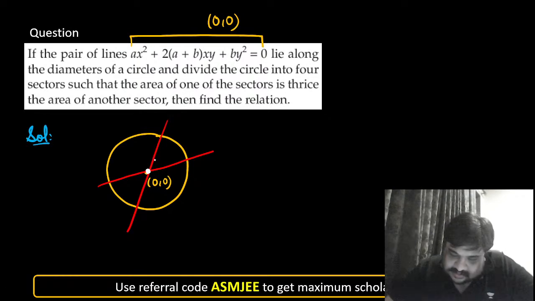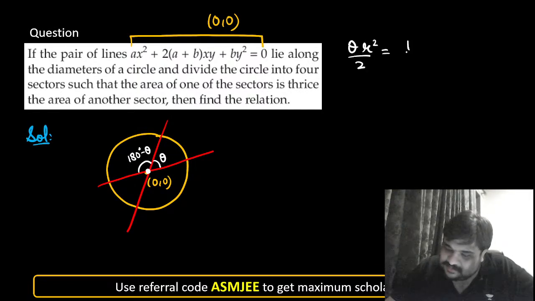What to do? See, obviously this is theta. This is 180 minus theta. So area theta r square by 2 is 1 by third of 180 degree minus theta r square by 2.